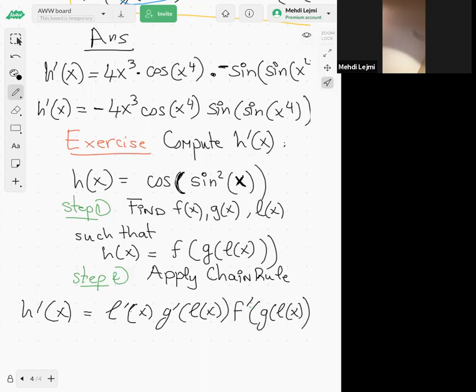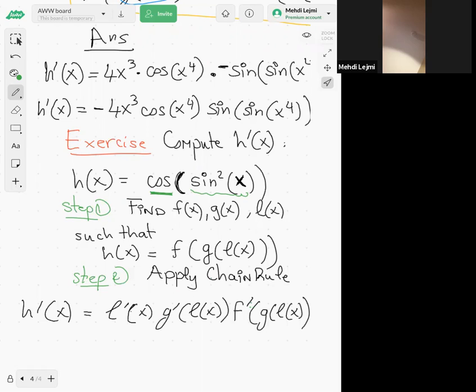So again, guys, here you need to understand that this is cosine of the angle sine square of x, right? It's not cosine times, because when you say cosine, you need the cosine of something, an angle. So here it's cosine of this angle, sine square of x. It's not cosine times.